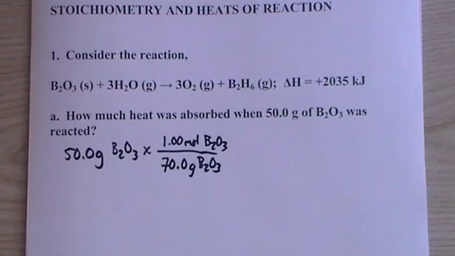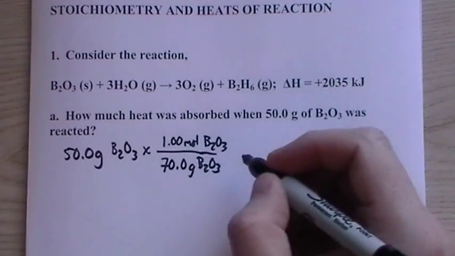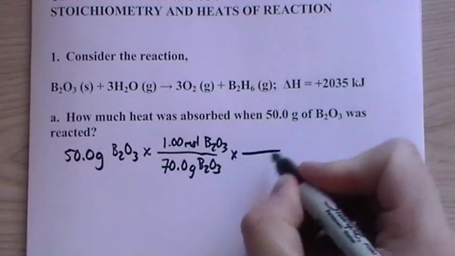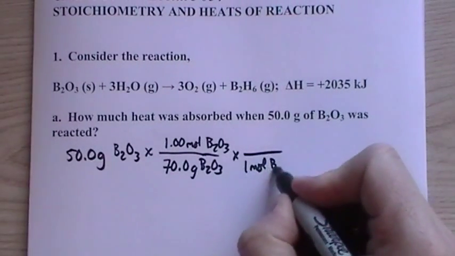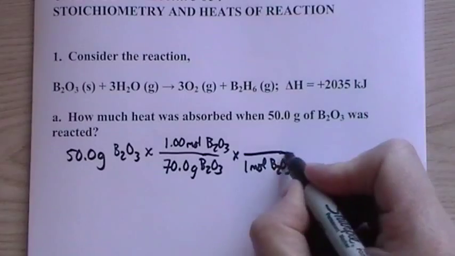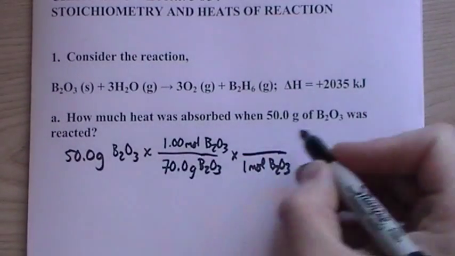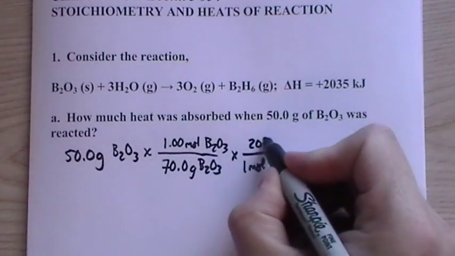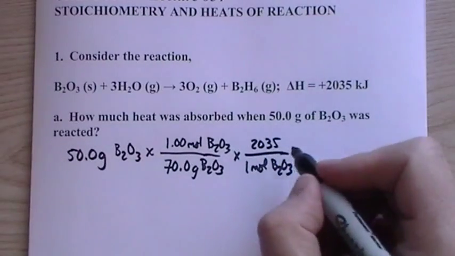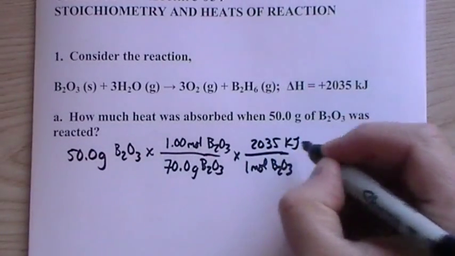I'm going to double check real quick. Yeah. And then we look at the equation, and it says for every 1 mole of B2O3, there was 2,035 kilojoules of heat given off.